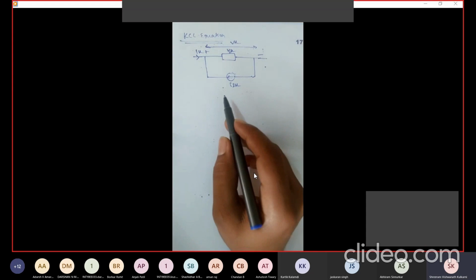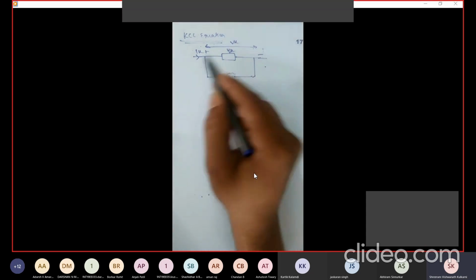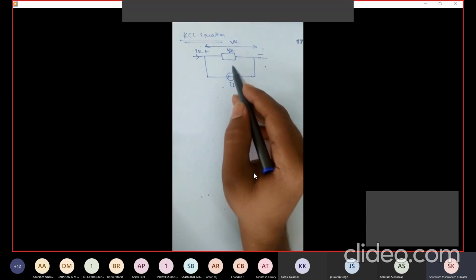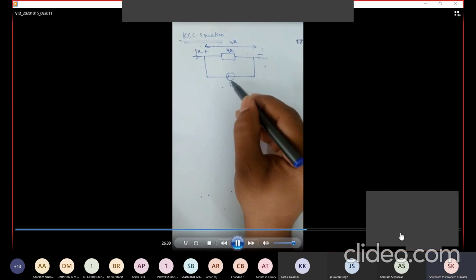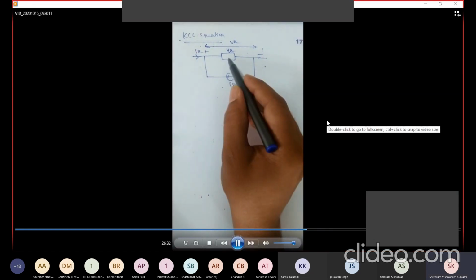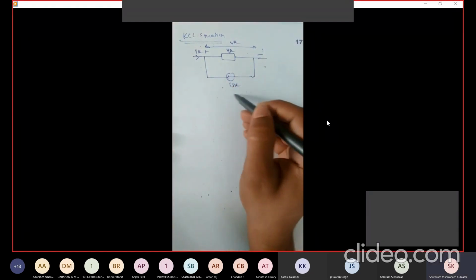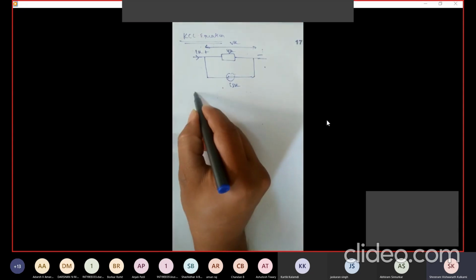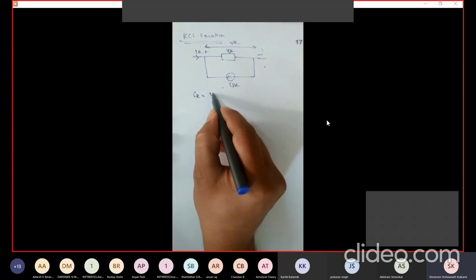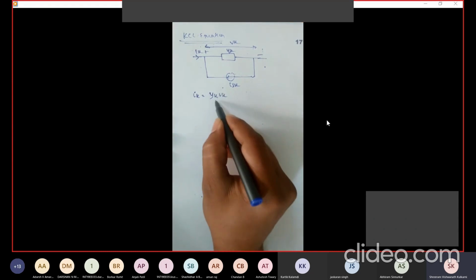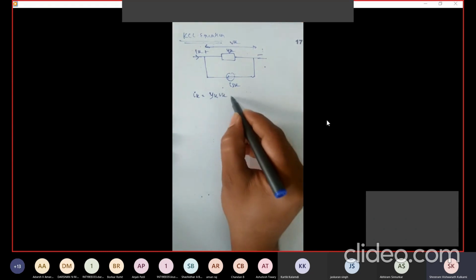If the branch K contains an input current ISK, this is an input current source, and YK is the admittance, then I can write IK equals YK VK minus ISK.